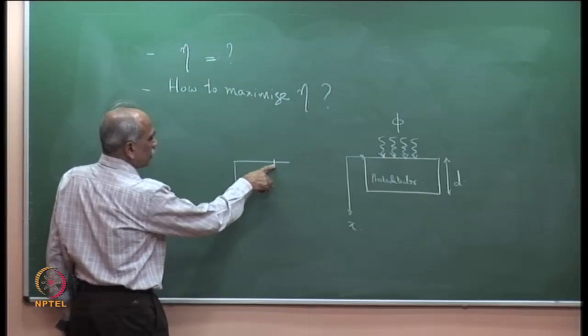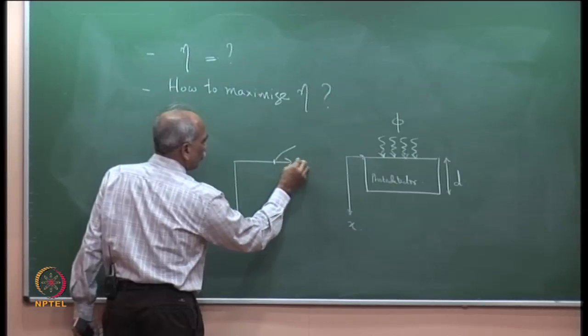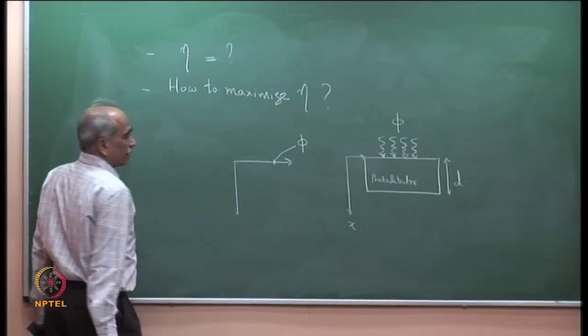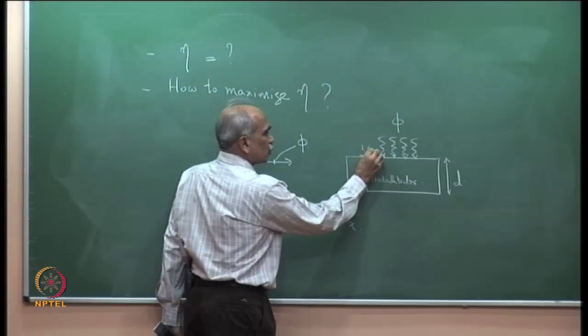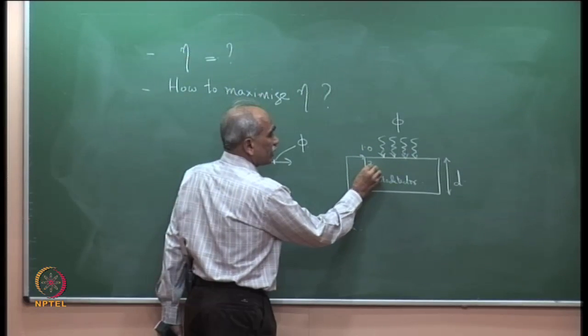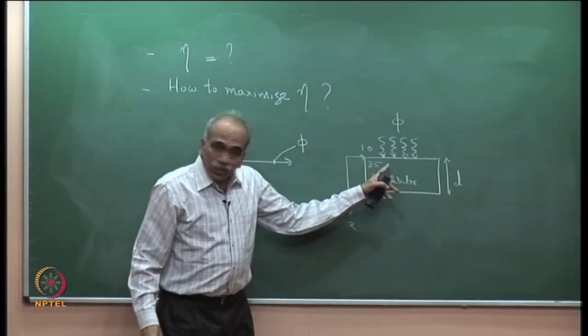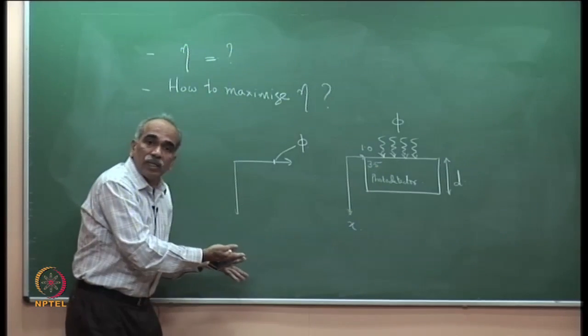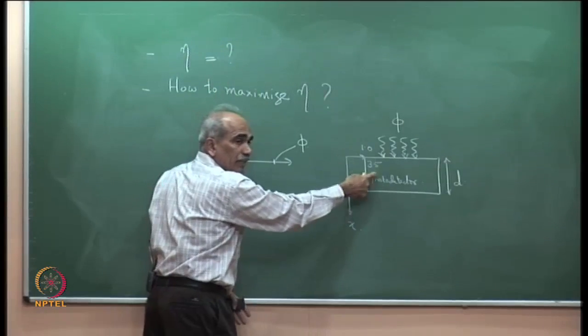The refractive index here is 1, and the refractive index here may be 3.5, a semiconductor. Then a fraction of the incident light, the photon flux, is reflected back because of the index difference.